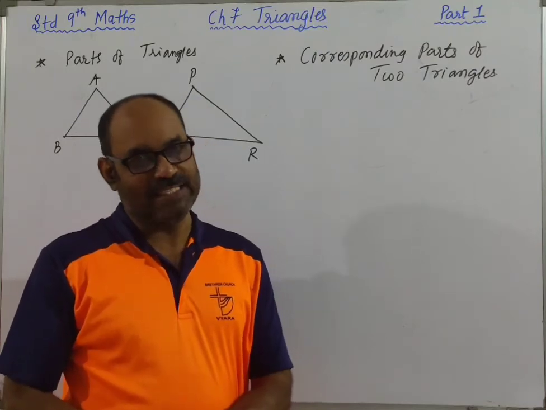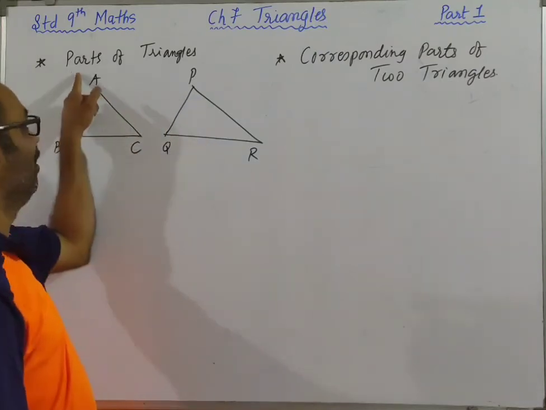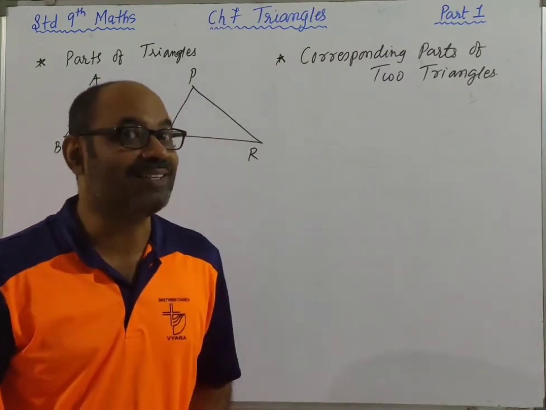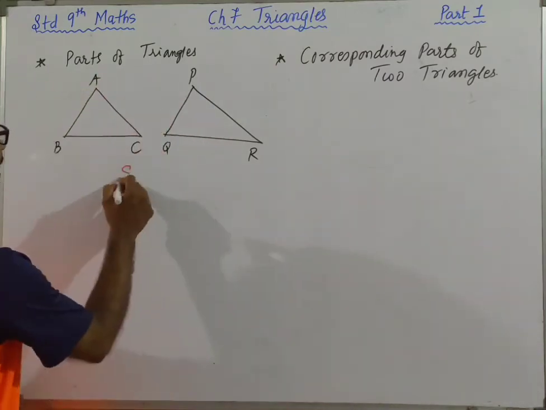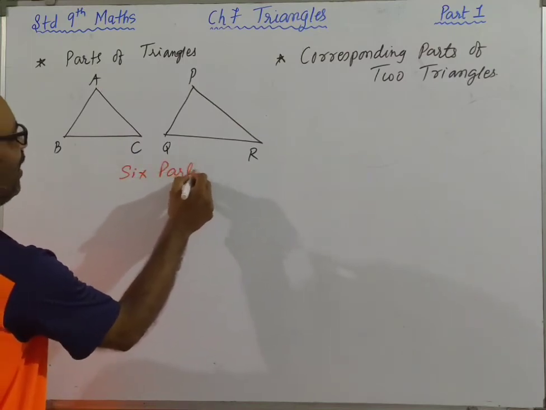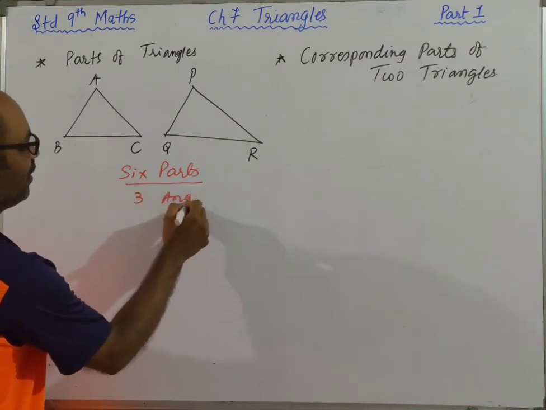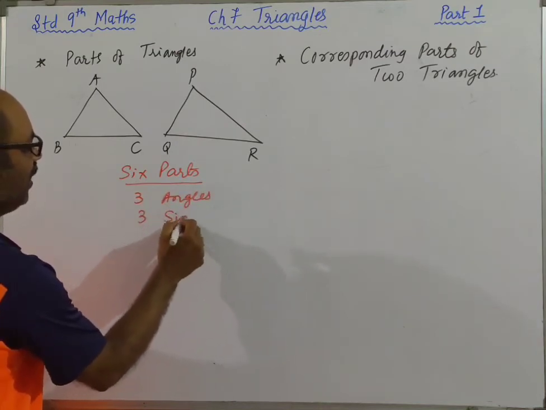Children, now let's see the parts of triangle. You are already familiar with parts of triangle. How many parts does a triangle have? 6 parts. Right? Every triangle has 6 parts: 3 angles and 3 sides.